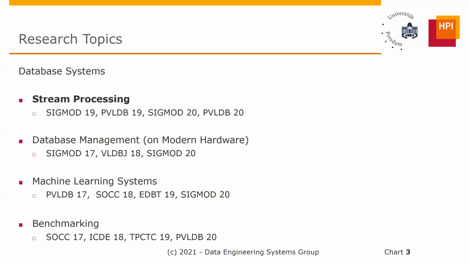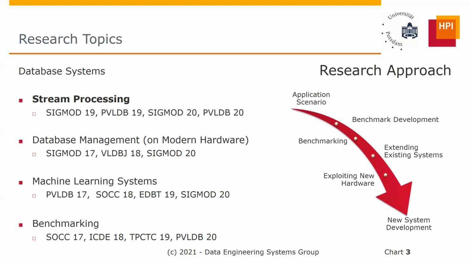And so the approach, how we do this in our group is somewhat like this. So we have a certain application scenario that we're looking at. And from that, we're going to develop some benchmarks. And this means at some point, it might be a real standardized benchmark.